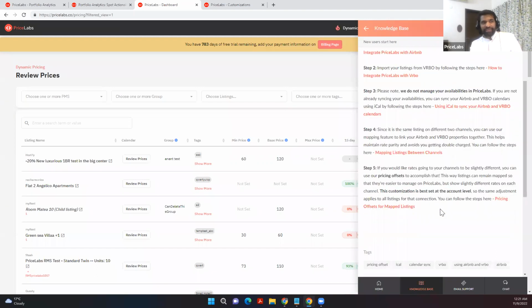Normally people use the pricing offsets for saying on Airbnb my service fee is 15%, and on VRBO my service fee is say 20%, so I'm going to add that service fee separately. But you can also use it to handle USD versus CAD, a difference in the pricing offset.